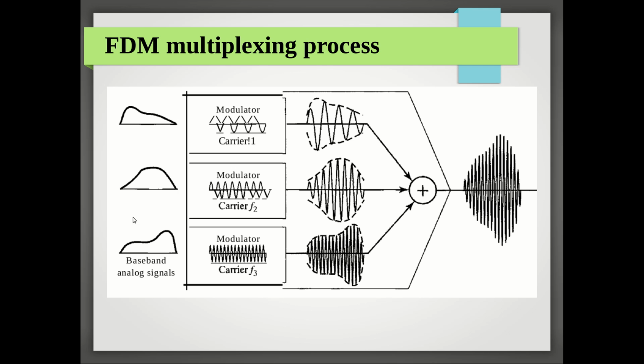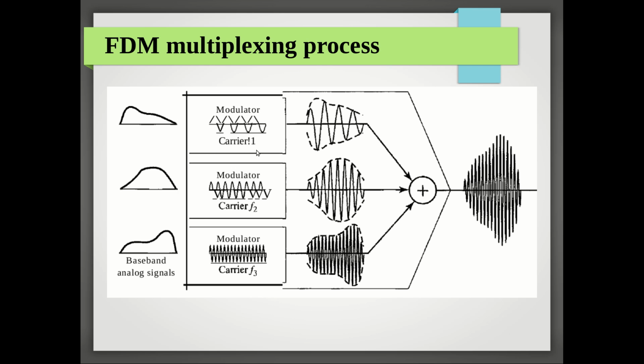We have baseband analog signals, say from 3 input devices, 3 input lines, and subcarrier 1, subcarrier 2, and so on, with this being the total carrier. In William Stallings' textbook they use the terminology subcarrier 1, subcarrier 2, with different frequencies. This is one frequency, this is some other frequency. You can see that, right? You know what frequency is, right? And here it is clearly different from the other two.